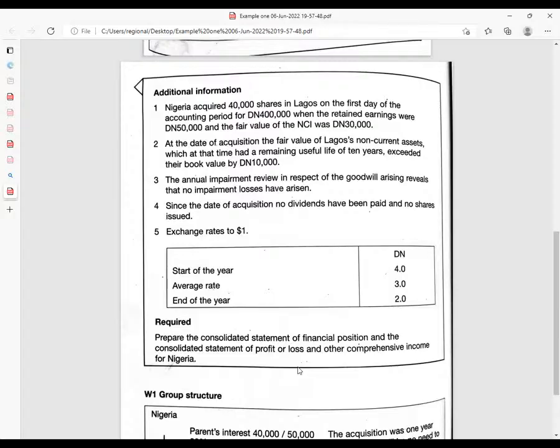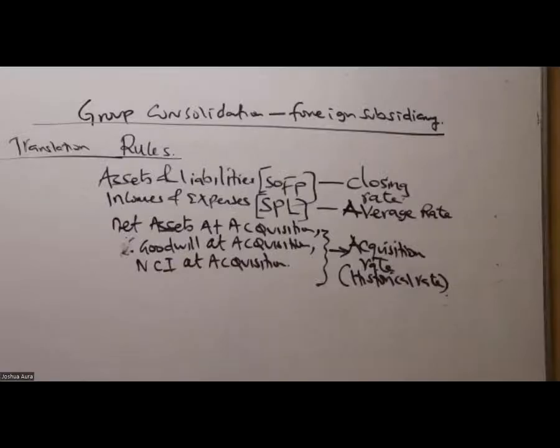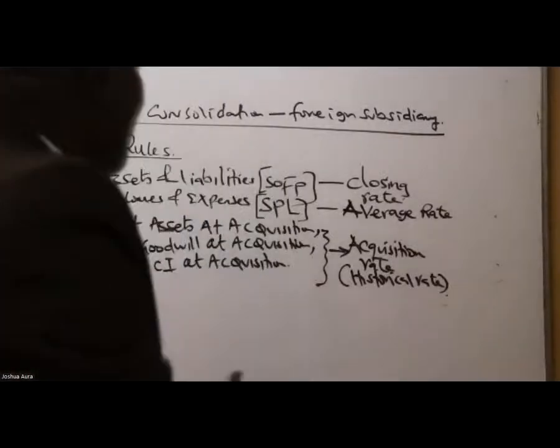So we start as usual with the group structure. Nigeria acquired how many shares? 40,000 shares in Lagos.